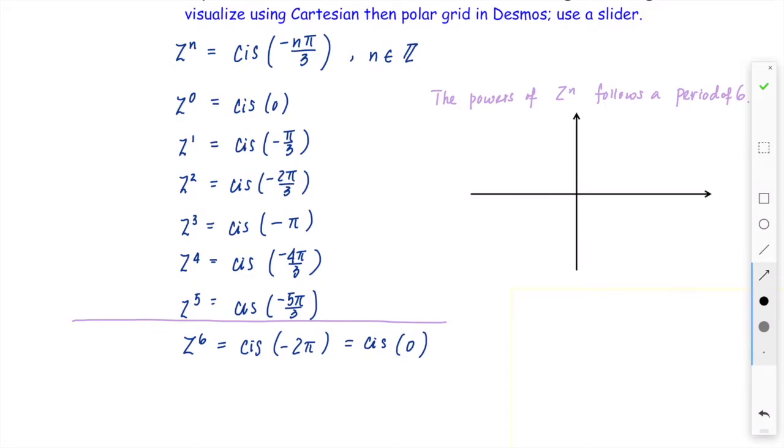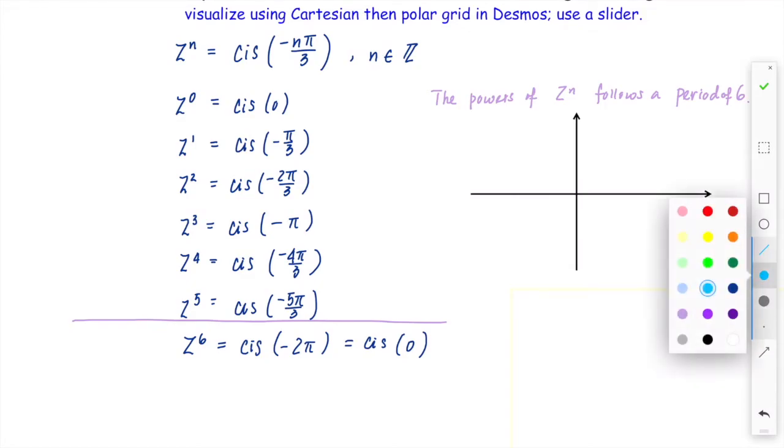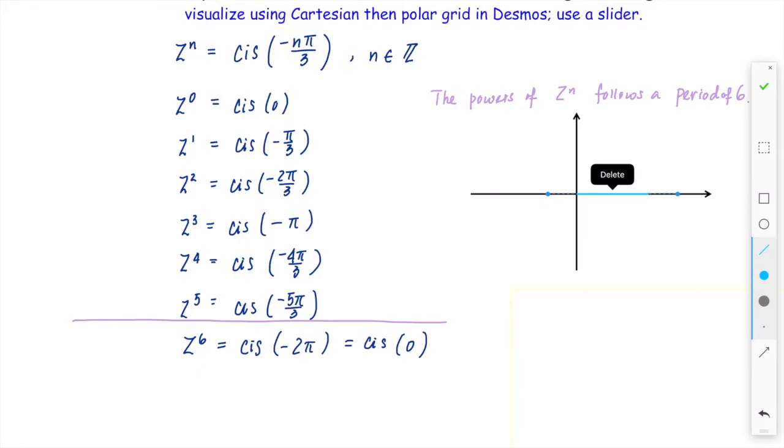Okay, so let's see. We have basically z to the power of 0, z to the power of 1, z to the power of 2, so this is, yeah, something like that, it's good.